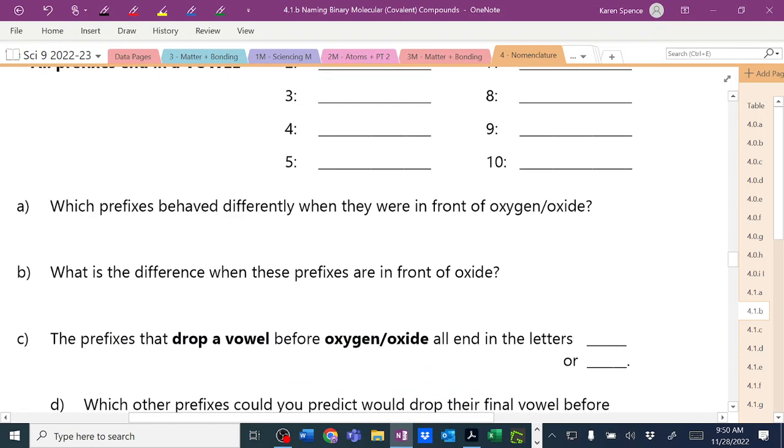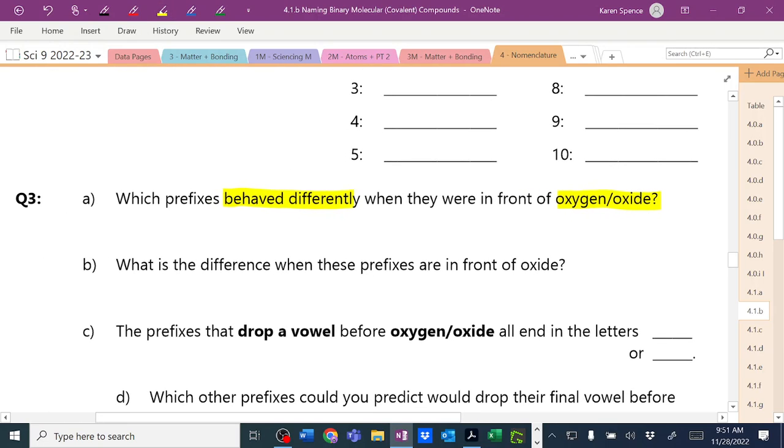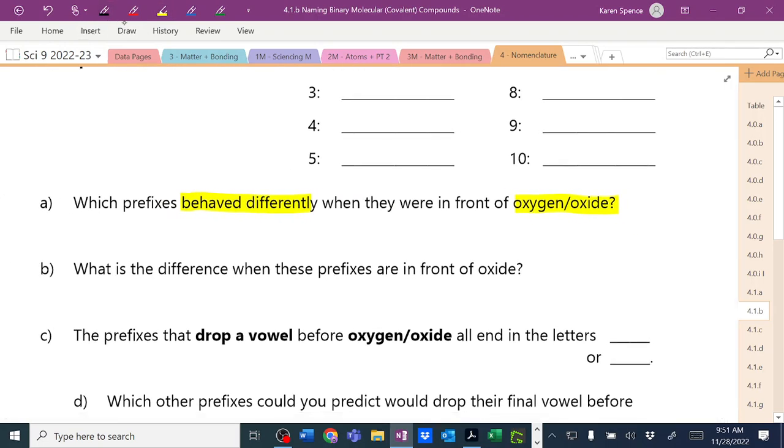Which prefixes behaved differently when they were in front of oxygen or oxide? Does mono behave differently? Yes, mono becomes mon. How about di? Does di change in front of oxygen? No, dioxide.